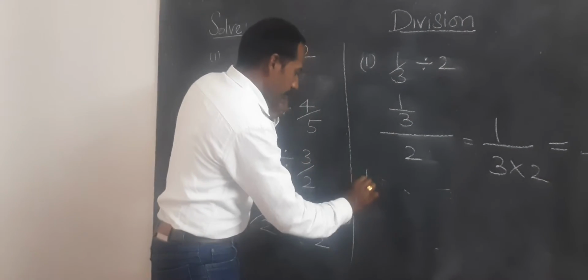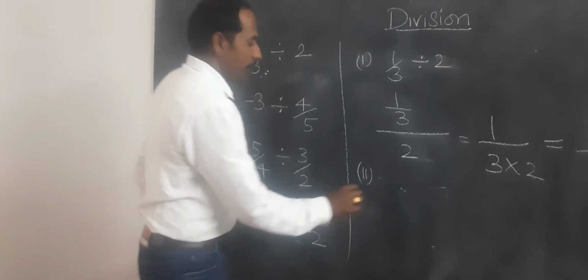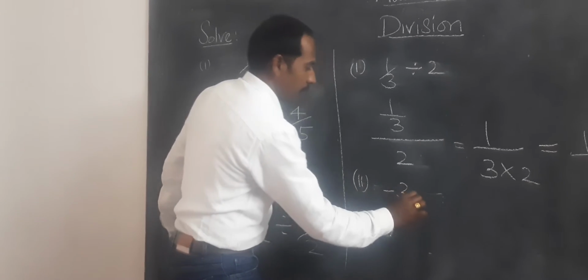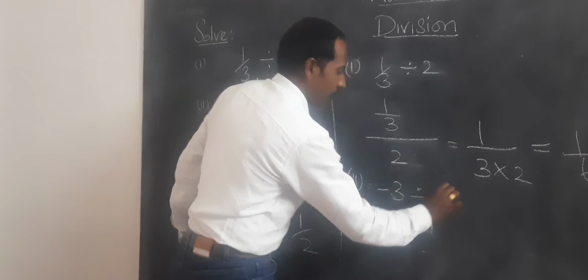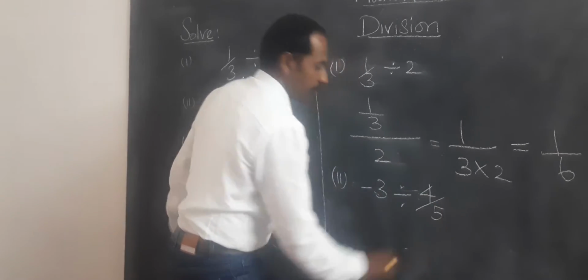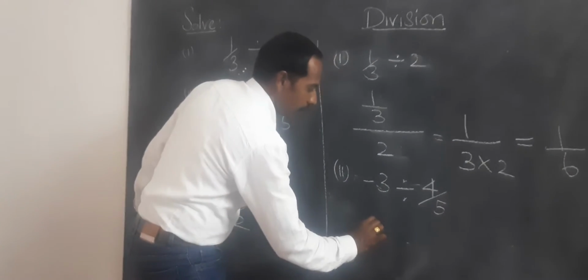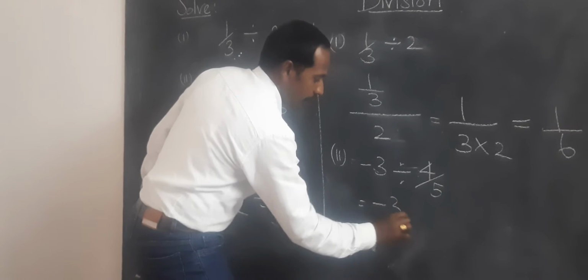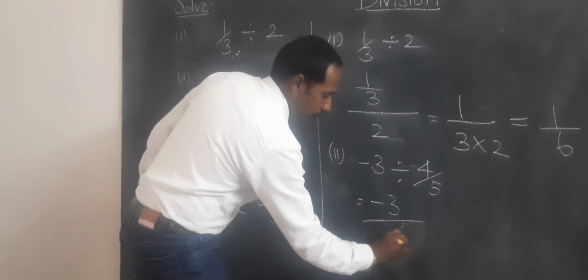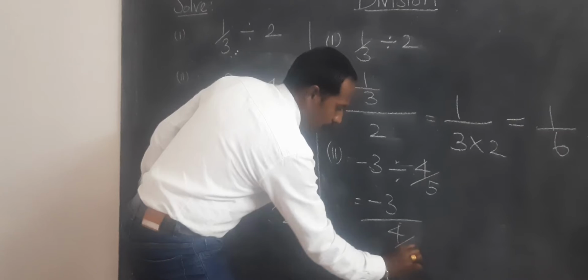Second one, minus 3 divided by 4 over 5. What is the meaning? Negative 3 divided by 4 over 5.